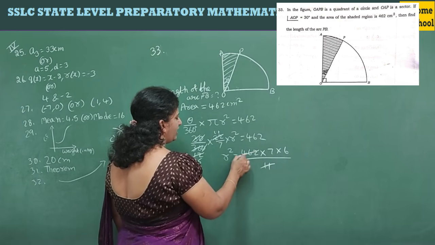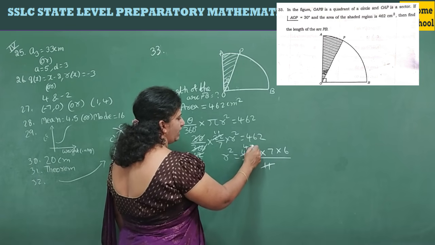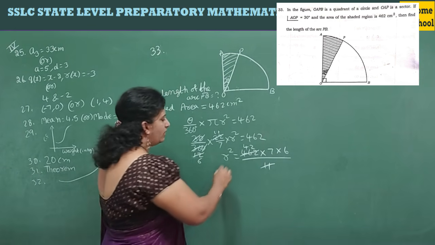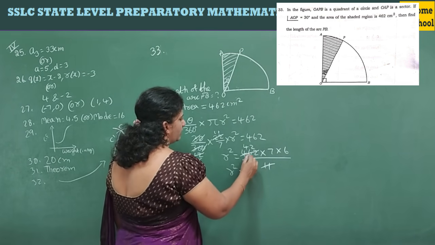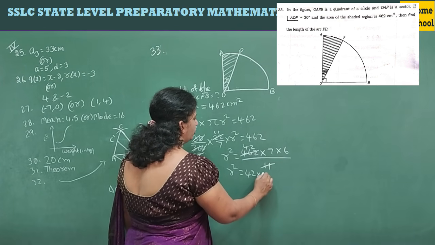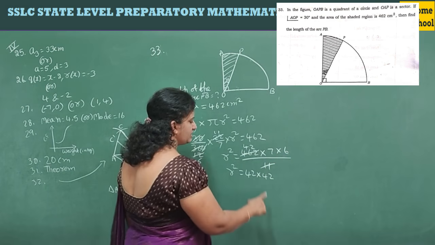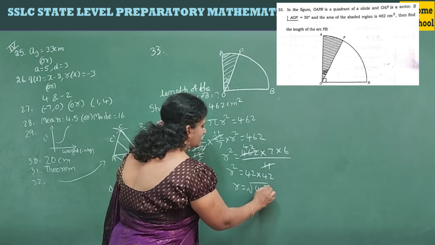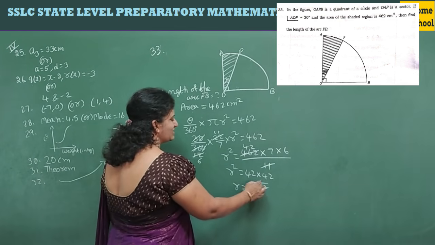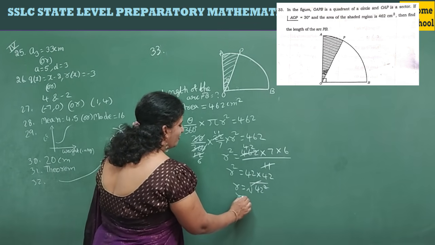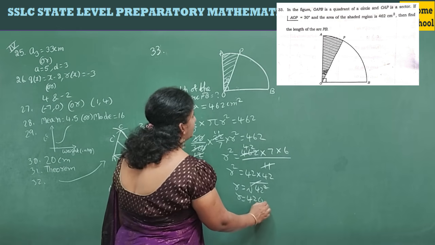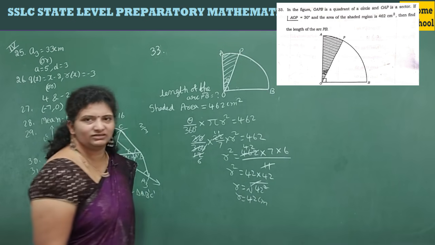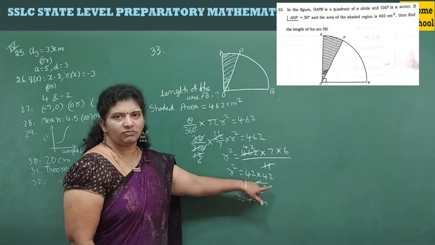Now 11 4s are 44, 11 2s are 22. R square is equal to 42 into 42. 7 6s are 42, right? Directly I will write square root of 42 square. Square root cancels. Therefore, what is the radius we got, children? 42 centimeters.